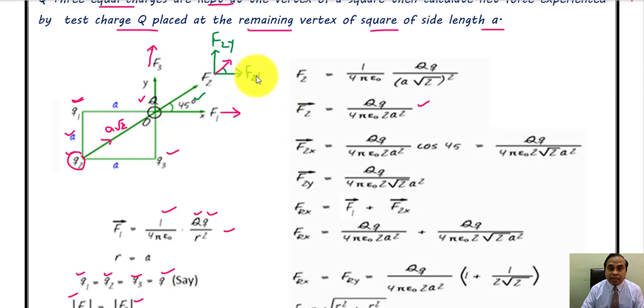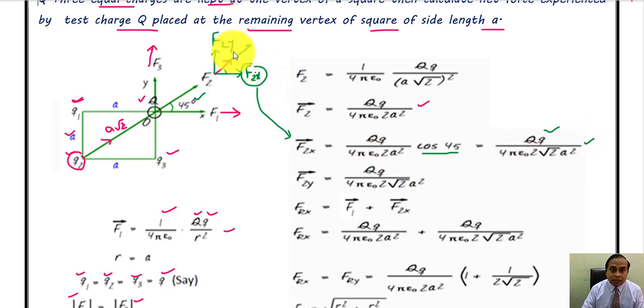So F2x is equal to qQ upon 4 pi epsilon naught 2A square times cos 45. So the component of this F2 along the horizontal direction is F2 cos 45. Cos 45 is 1 upon root 2. So this value becomes qQ upon 4 pi epsilon naught 2 root 2 into A square.